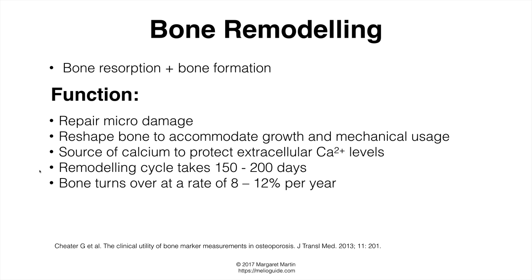Bone remodeling takes time, and the actual process of taking out old bone and building new bone can take up to 200 days. Insofar as bone turnover of the entire skeleton, that can take between 8 and 12 years. So the rate is somewhere between 8 and 12% per year.